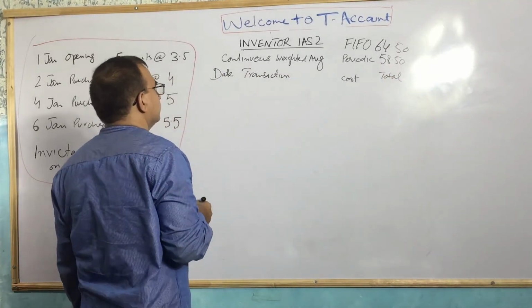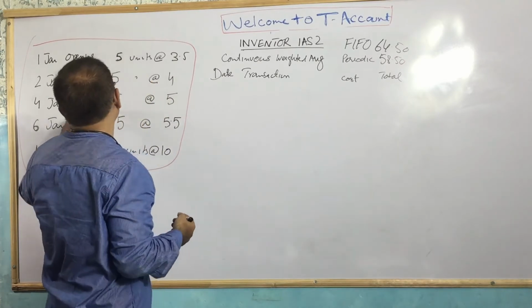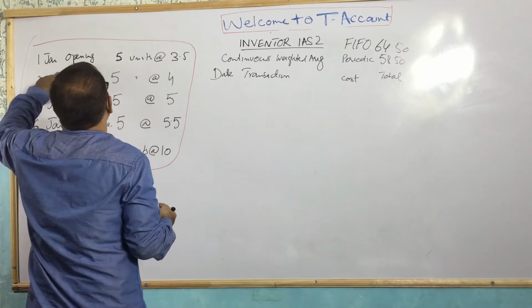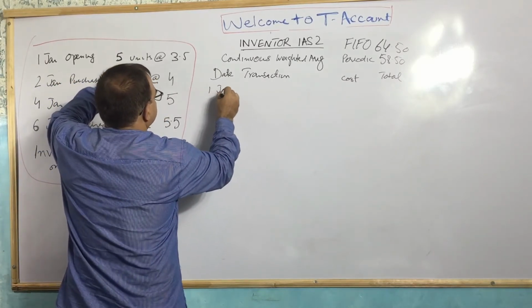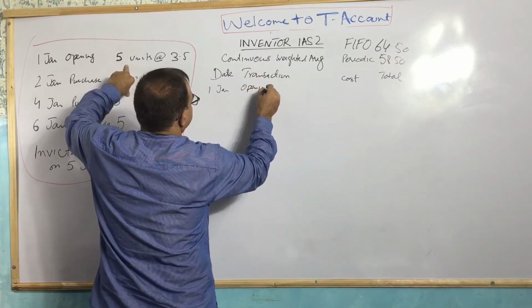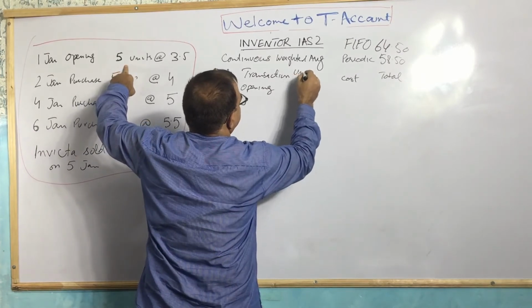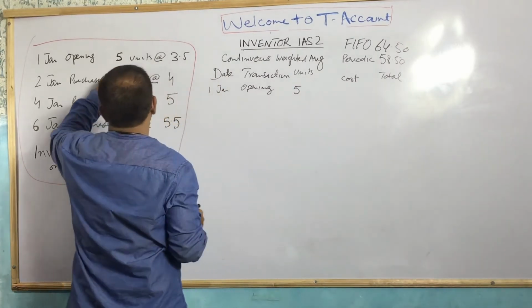You will need these 4 items. Now, opening January, we had 5 units. So, 1st Jan, opening inventory. Units, I missed units. 5. Okay.